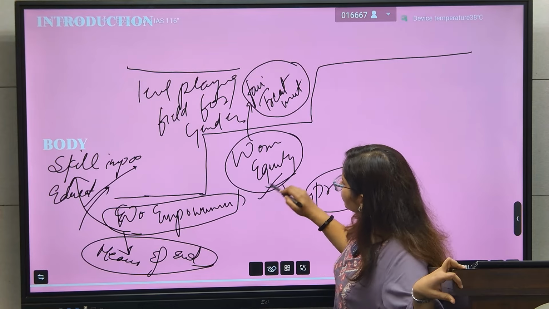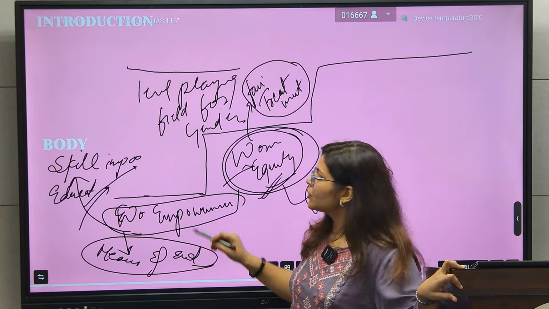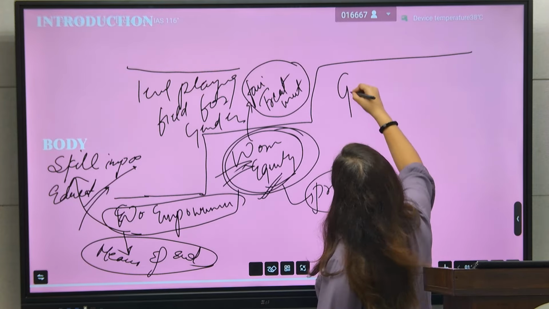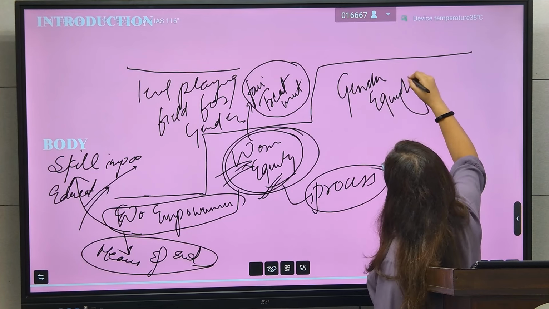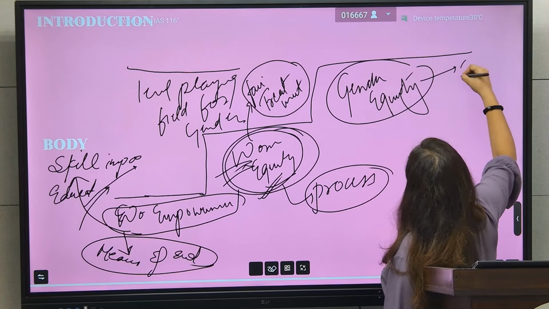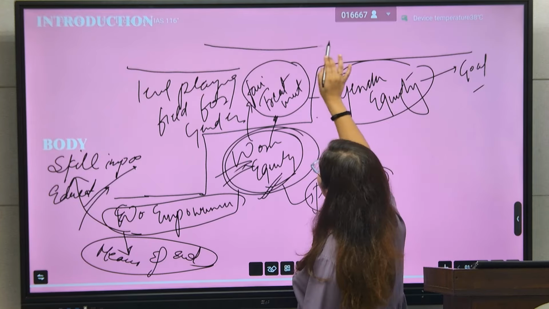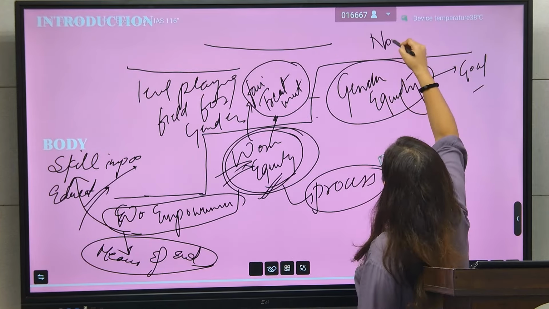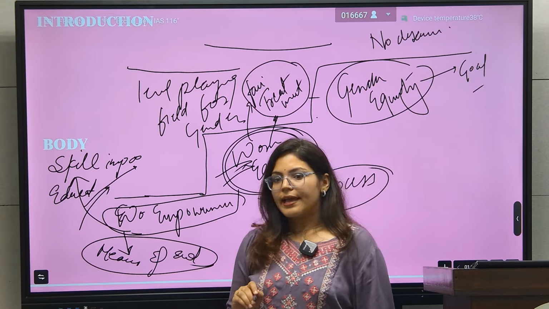For that we go towards gender equity, and the final goal is gender equality. So this is our goal, that after gender equity, when the level playing field is equal for man and woman, there should be no discrimination between man and woman.